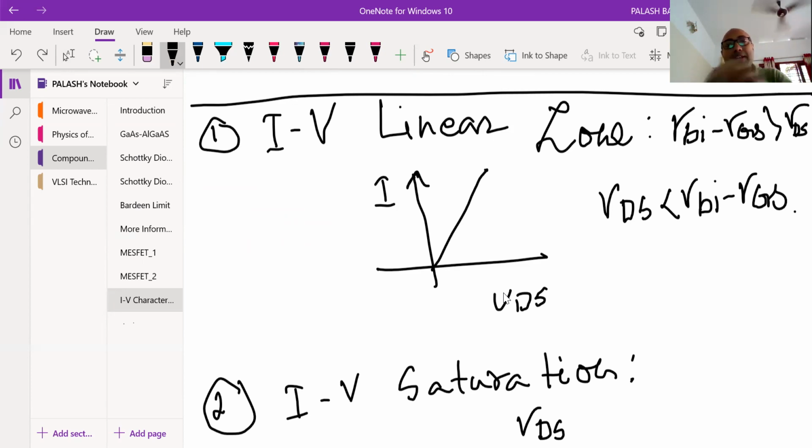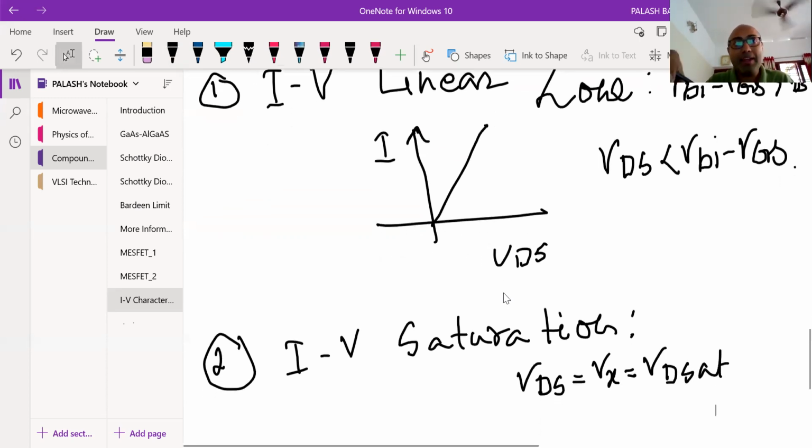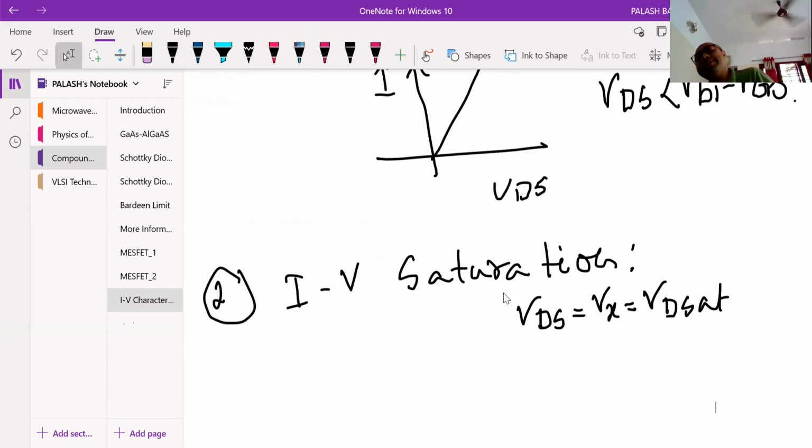When you get a VD sat, like VDS is equal to VD sat, this is the zone where you have achieved VD sat, and that time we are trying to calculate this part, right?